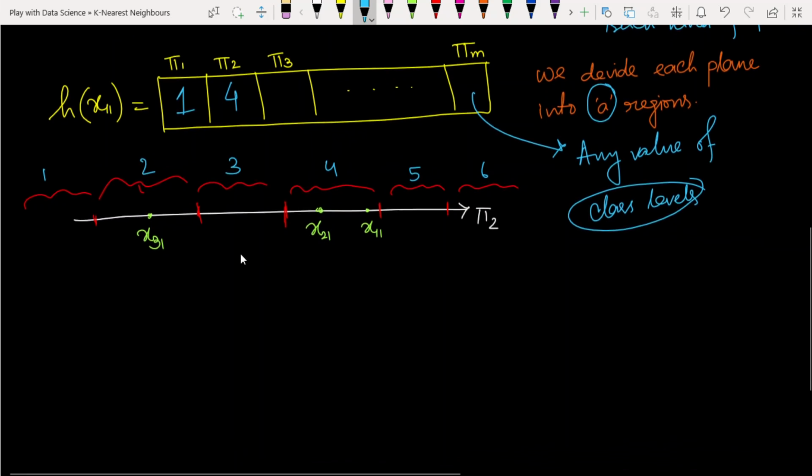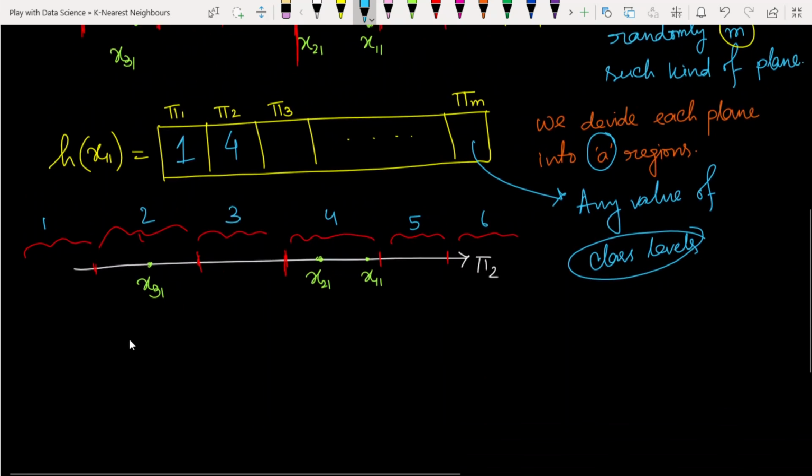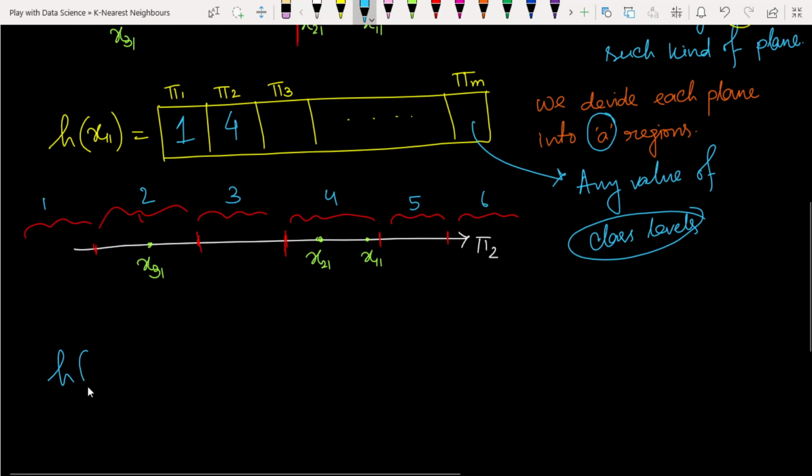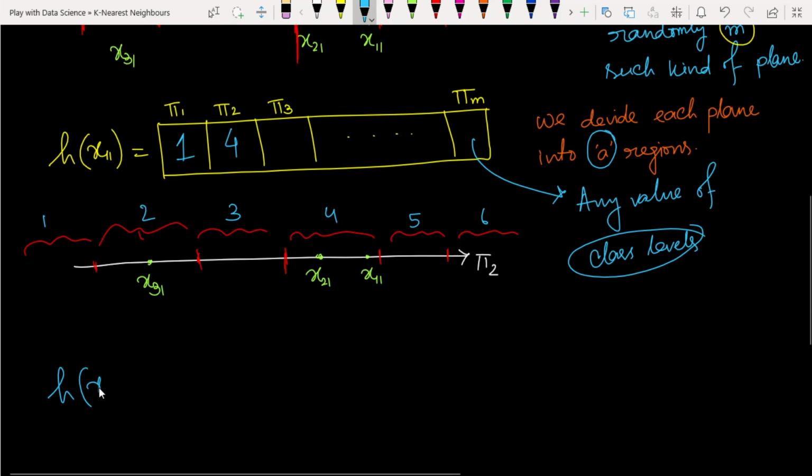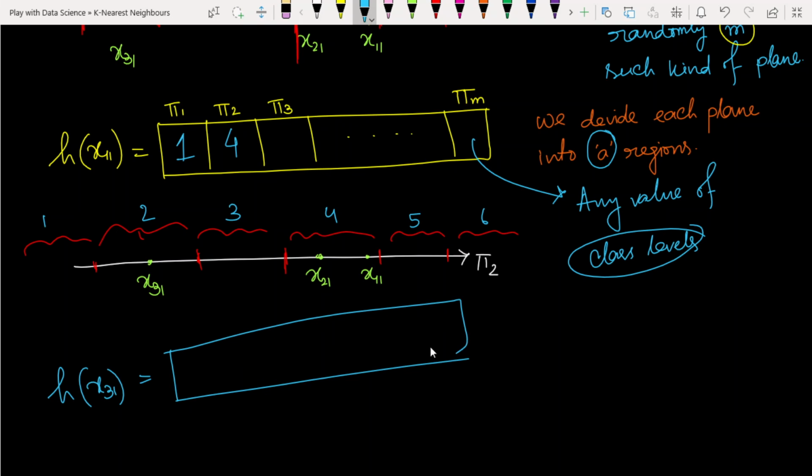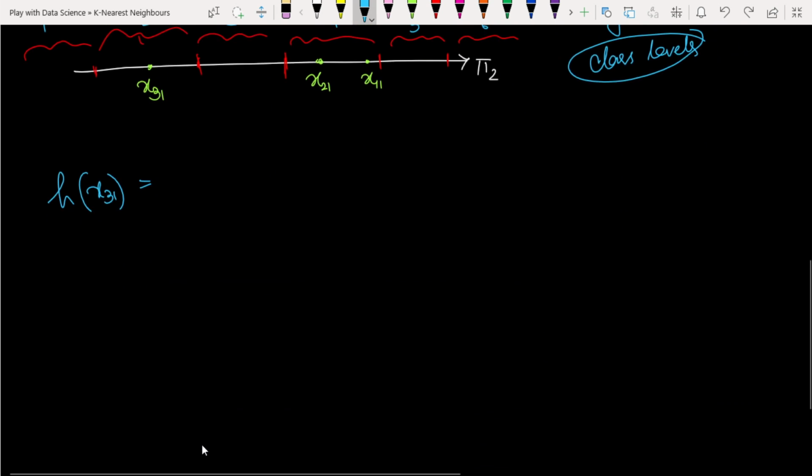Now this thing will be what? So now we are interested to calculate the hash value of x31. Just see what will be the hash value of x31.